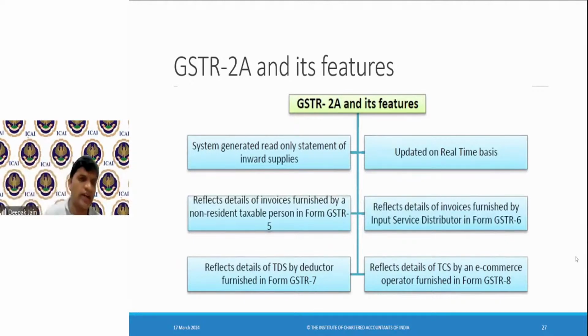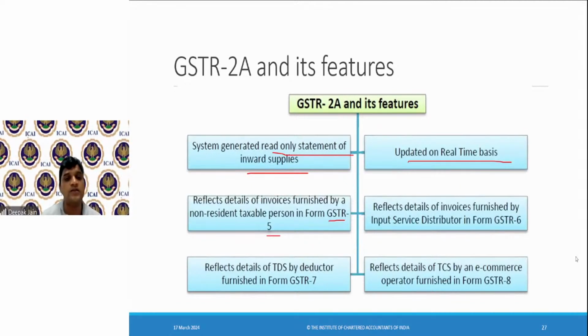What is GSTR-2A? GSTR-2A is a system generated read-only statement of inward supplies. All your inward supplies will be in GSTR-2A. It is updated on a real-time basis, which means as soon as that supplier uploads, you can see it. It reflects the details of invoices furnished by a non-resident taxable person in form GSTR-5.